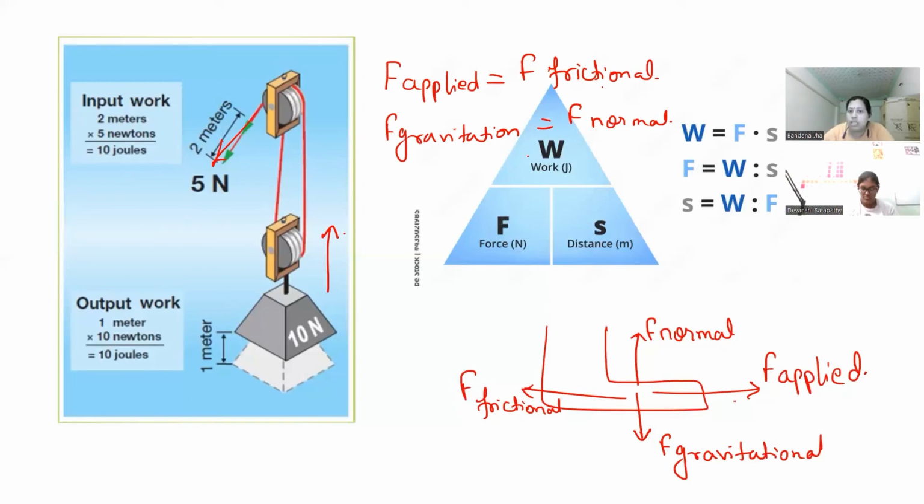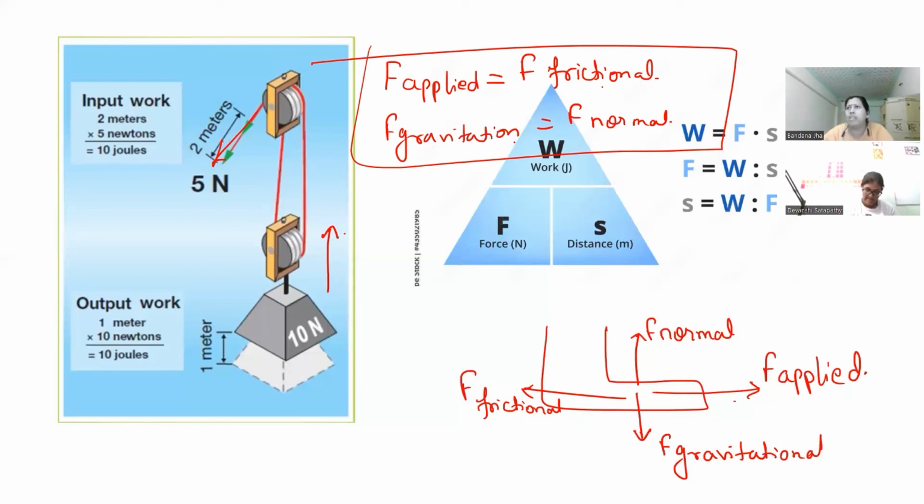These two forces should be equal. If any of the two forces is not equal, you might have seen some person standing, they fall down, because at that time gravitational force is not equal to normal force. If any of the forces is not equal, we will fall down.